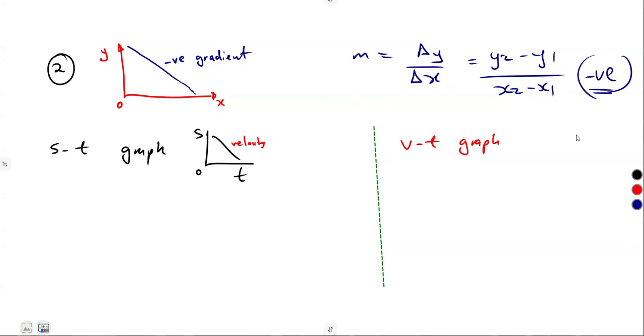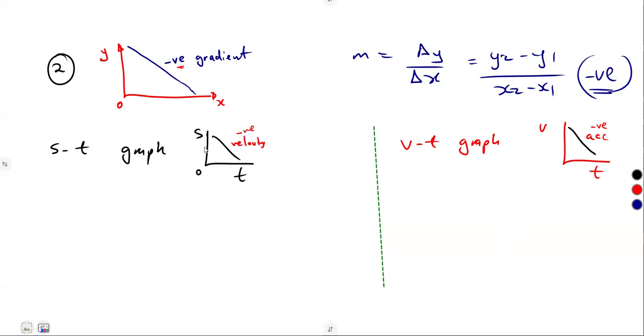On the velocity time graph, the line that we just drew represents the gradient at any point, which is an acceleration, and that's a negative acceleration here. So this one is a negative velocity. This one is a negative acceleration. Negative acceleration simply means that a deceleration is taking place.